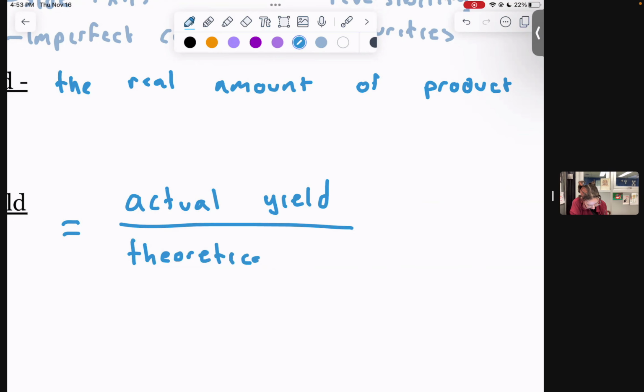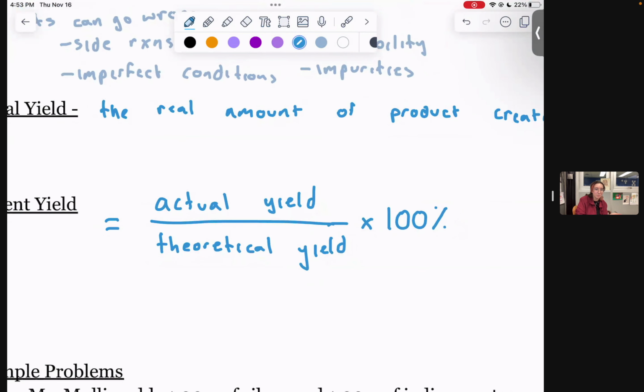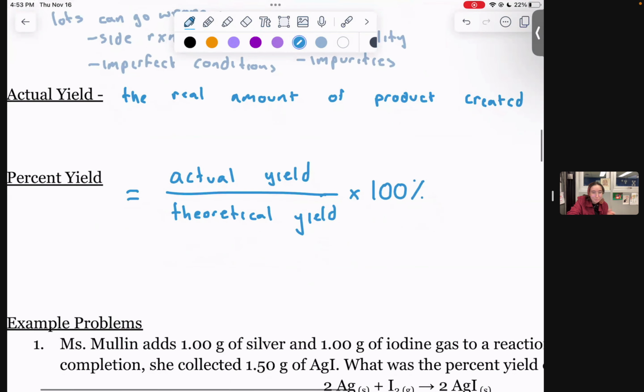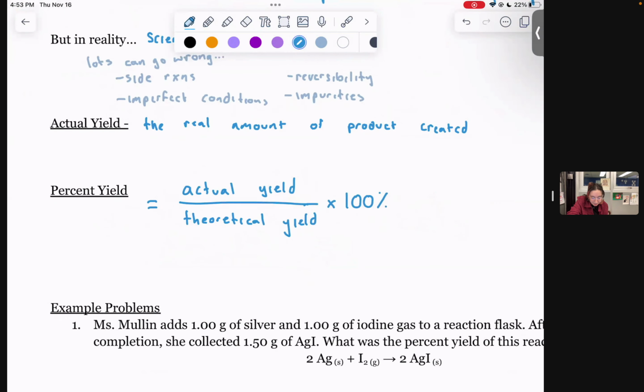Theoretical yield. Okay, and it's a percent, so you're going to have to times it by 100 percent. So hopefully this math will look pretty similar to stuff you've done in other classes. Shoot me an email, or I'll post, let me know if it doesn't click, but it should be similar to other percent math you've done in math class.